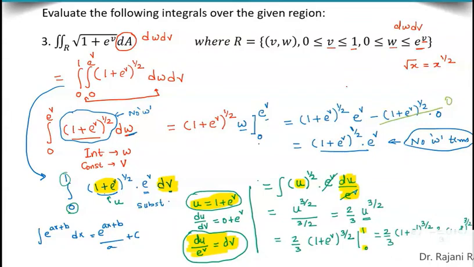Now we know that any number power 0 is 1. So e power 0 is 1. So this will give you 2 by 3, 1 plus e power 1 to the power 3 by 2 minus 2 by 3, 2 to the power 3 by 2, and we stop here.